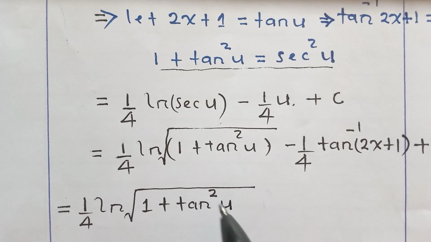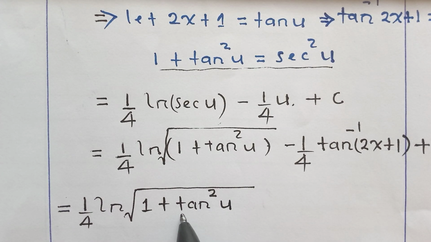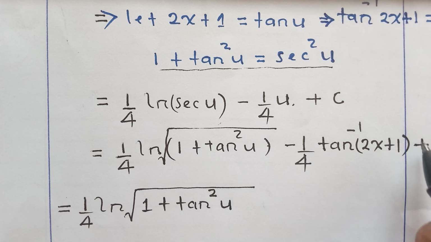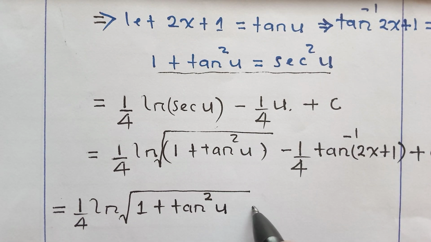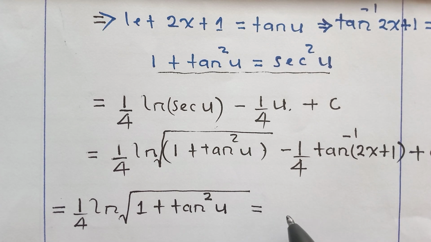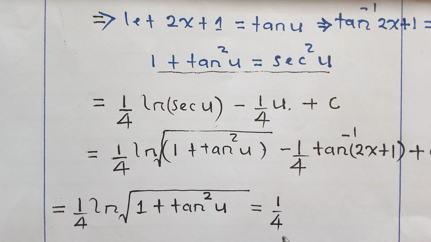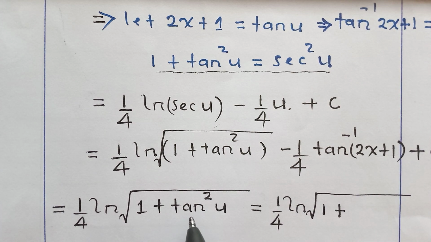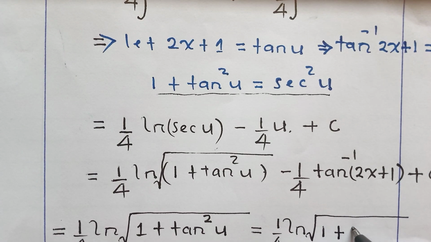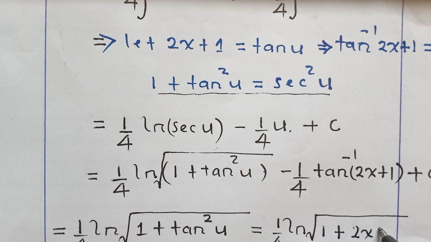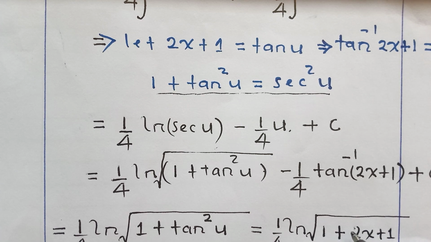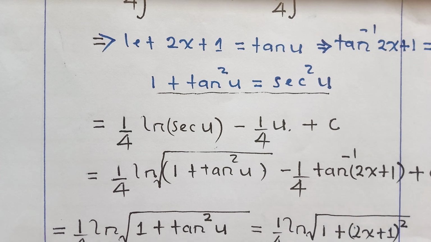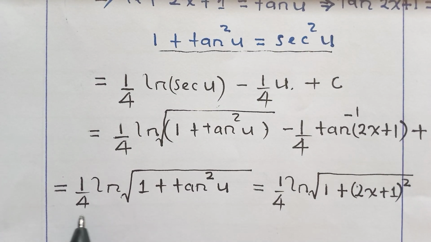So this one is what we are going to replace. So before I write that expression, guys, I can say that this one is now equal to 1 quarter ln square root 1 plus, and now replace it with 2x plus 1 squared. So that's how this is going to be.